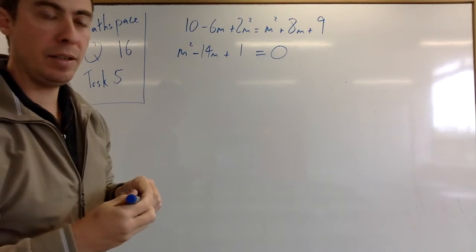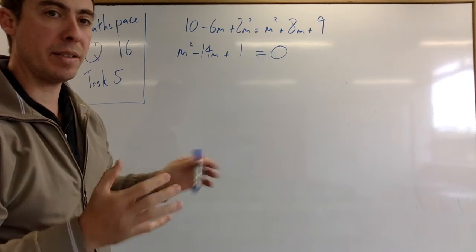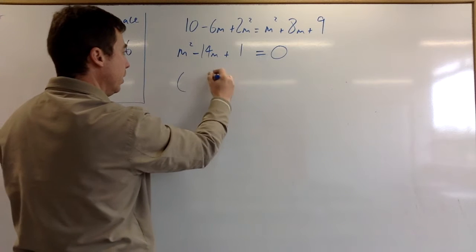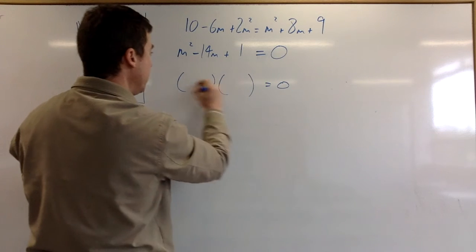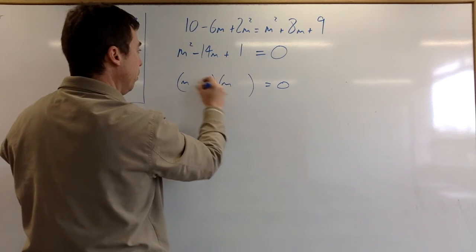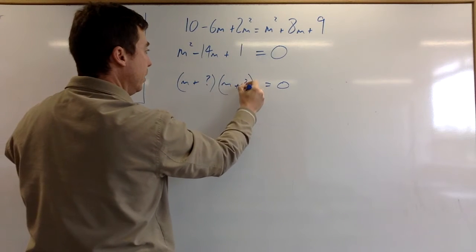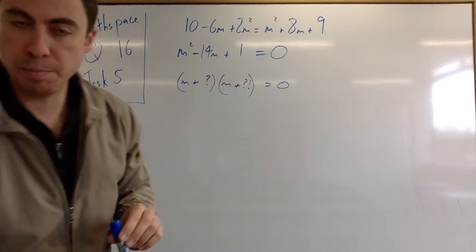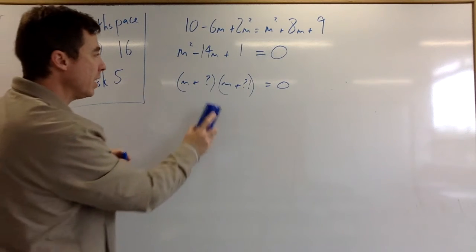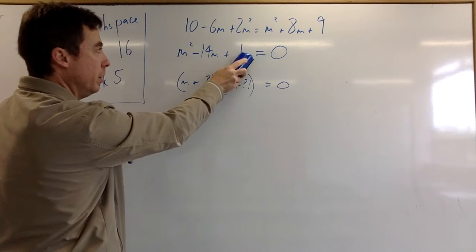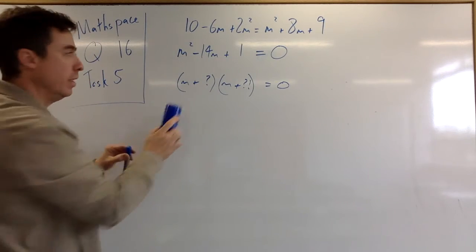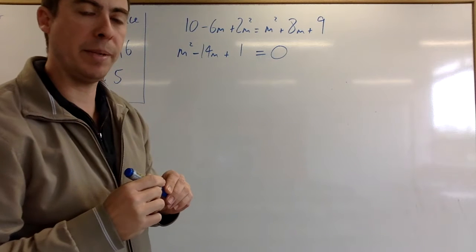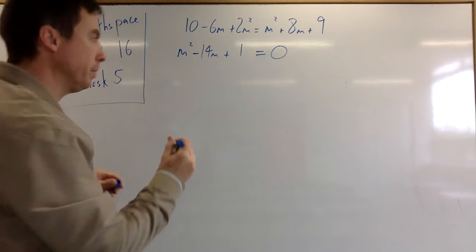Okay. I look at that and I think, could I factorize it? Could I use the null factor law? If I factorize it, m plus whatever, if I can do that, I can solve it easily. But I can't, because I can't think of a product and sum, how do I get the 1 and the 14? No, don't go there. So what I'm going to do instead is use the quadratic formula.